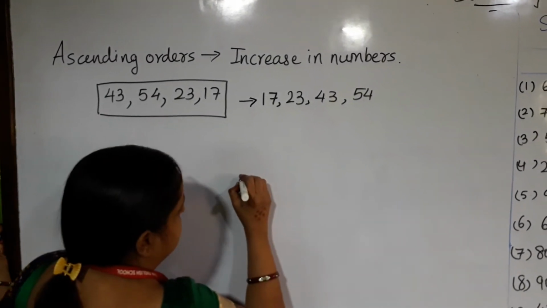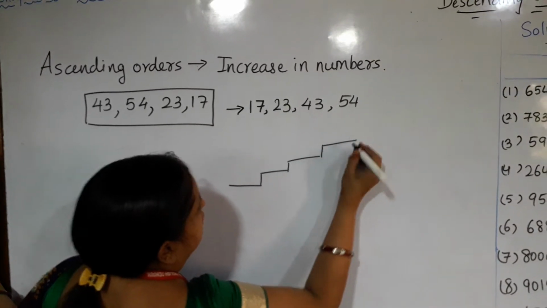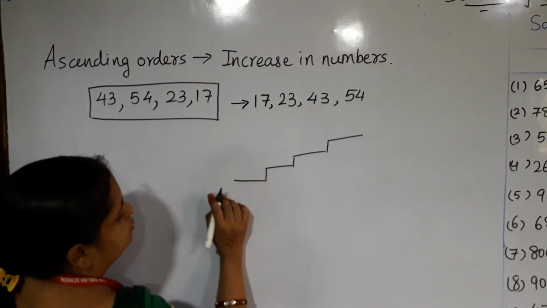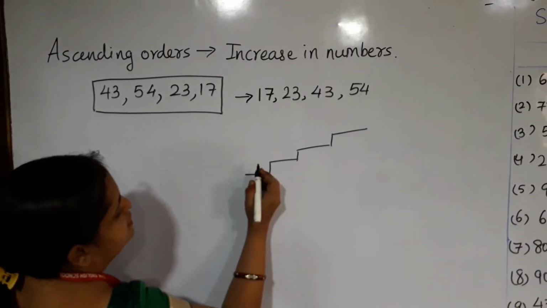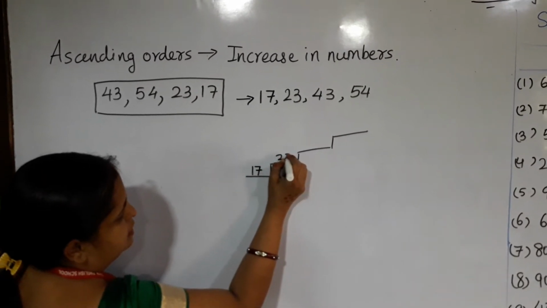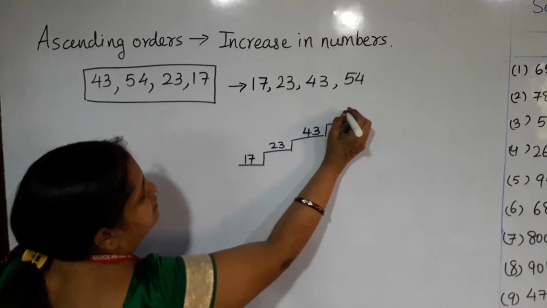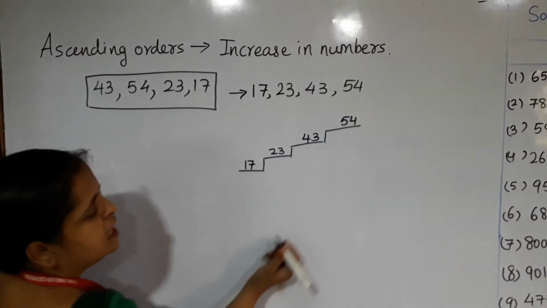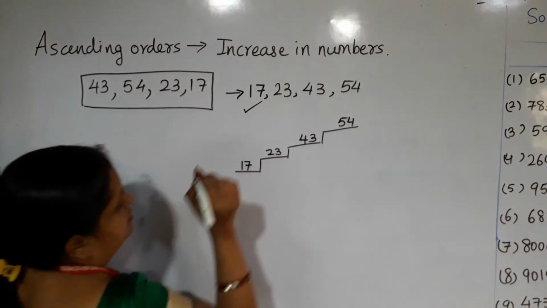Means you can see like this, step by step. When you say the numbers from 1 to 100, firstly you go for 17, after that 23 comes, after that 43 comes, and 54 is the last one. So our answer is right.